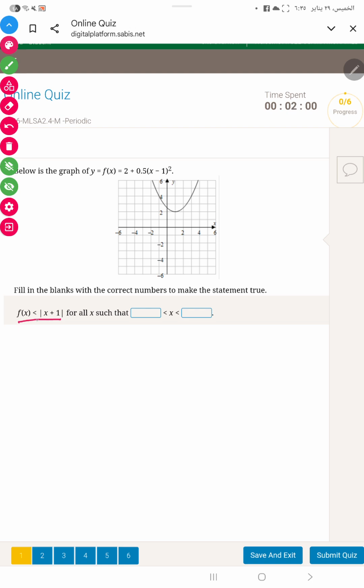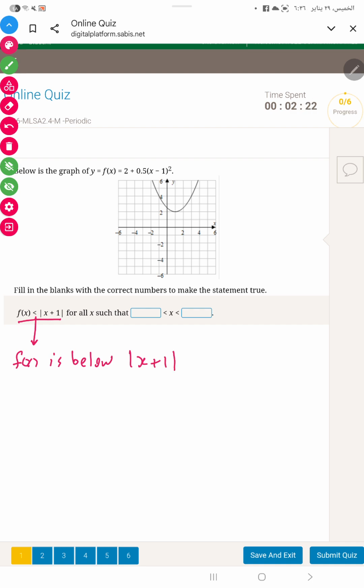To start solving this, we have to note that less than means the function f(x) is below the straight line, absolute value x plus 1.